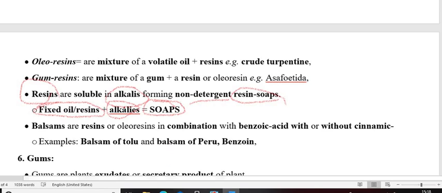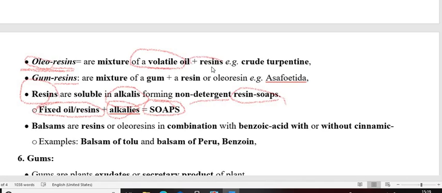There are various combinations of resins, and the name is based upon the other component. If the resin is combined with oil, we call it oleoresin. So what is the definition of oleoresin? Oleoresins are resins mixed with oil, and that oil is volatile in nature.